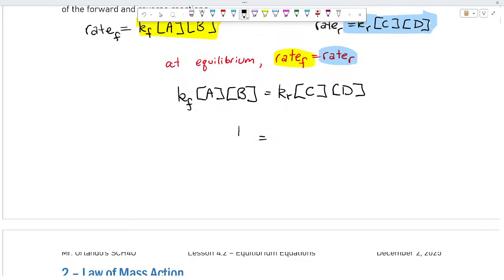Yeah, divide by kr, so it'll be kf divided by kr, and on this side we would have the concentration of C times the concentration of D over the concentration of A times the concentration of B.